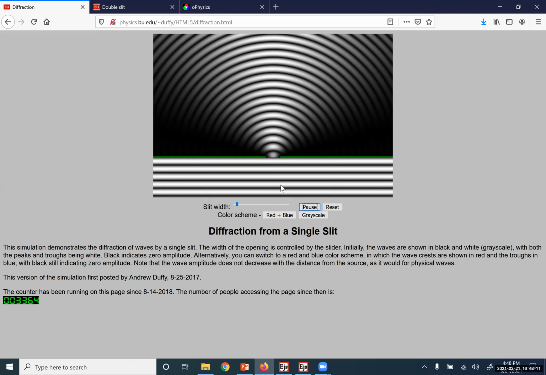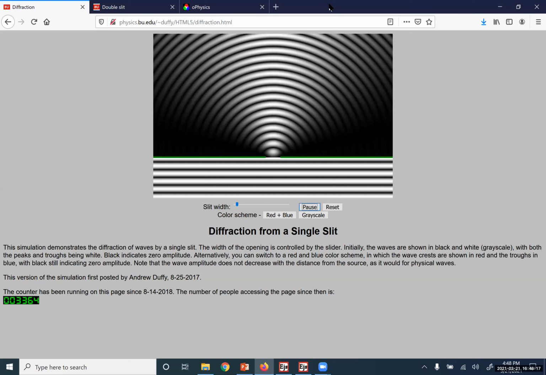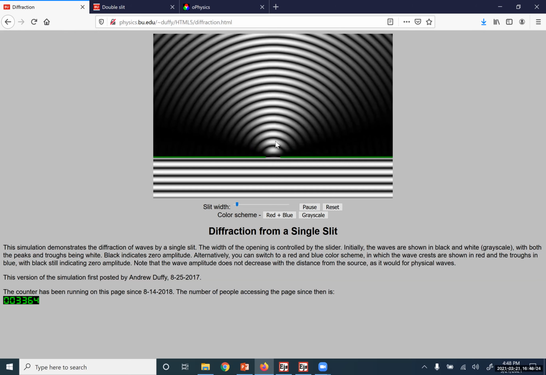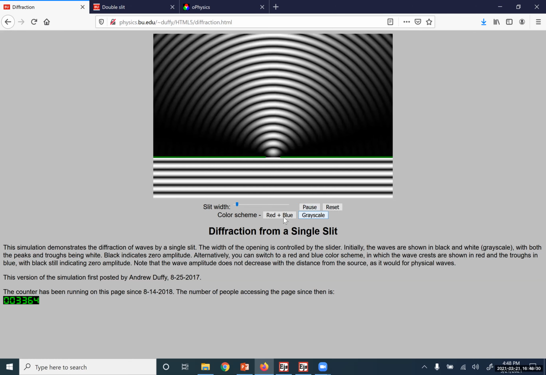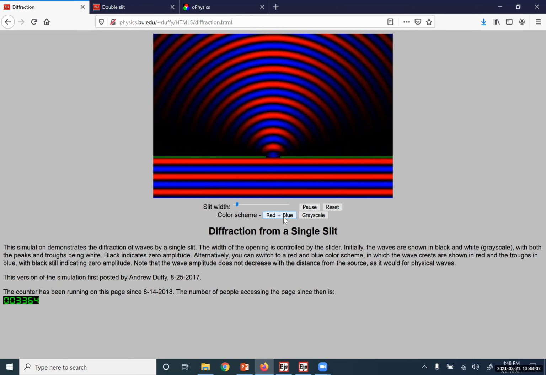The wave is bending in this region, you can clearly see that. Say I'm changing the color, for example blue and green.